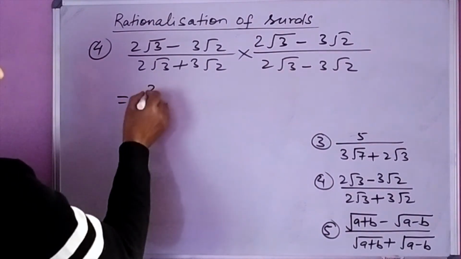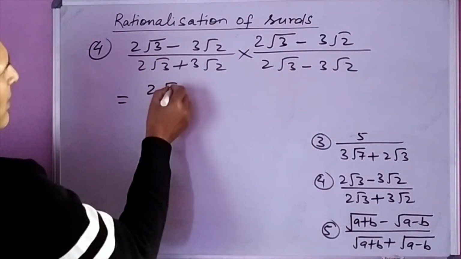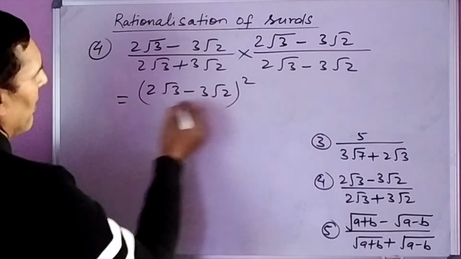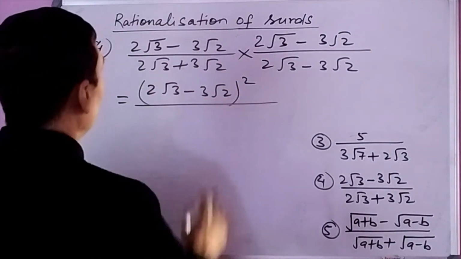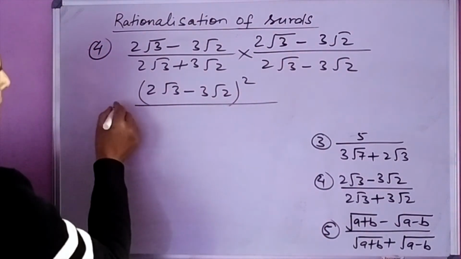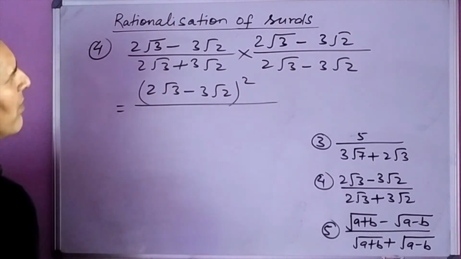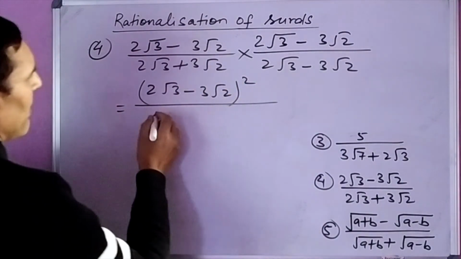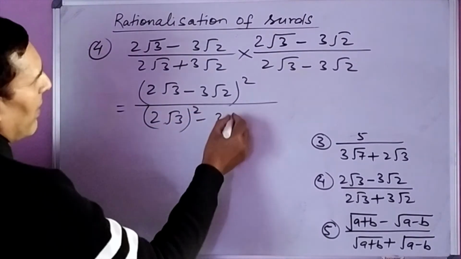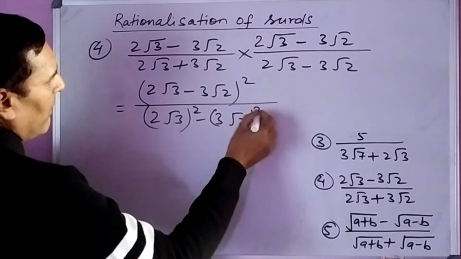So it is (2 square root of 3 minus 3 square root of 2) whole square. It has become the whole square there in the numerator, and because we have the same factor there, now the denominator is (a plus b) times (a minus b), a square minus b square.